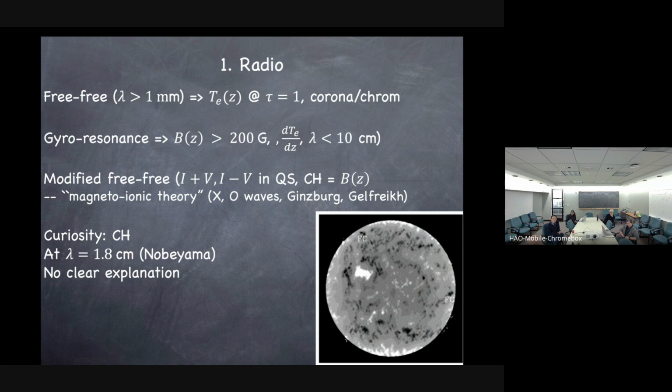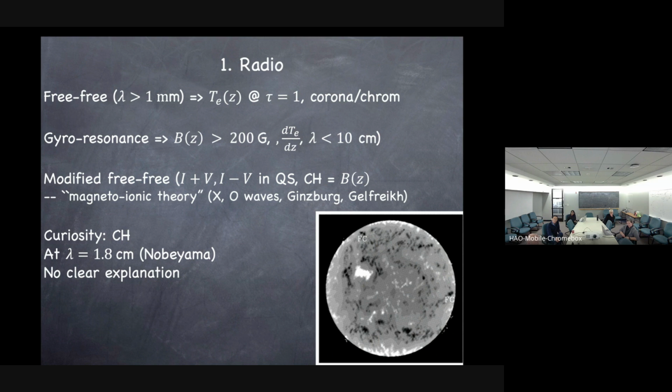I go to 10 centimeters, which is where we do a lot of measurements. That's 1,000 times longer, so 1,000,000 times less opaque. And if I go from the temperature minimum up by a factor of 1,000,000 drop in the opacity, what do I see? I see the base of the corona, which is exactly what we see. That's what F10.7 does in the absence of other mechanisms.